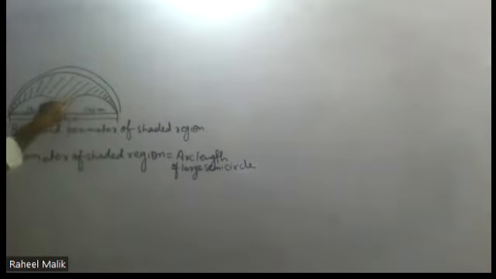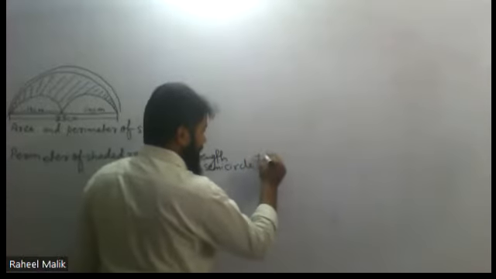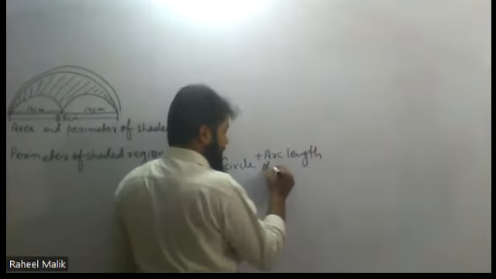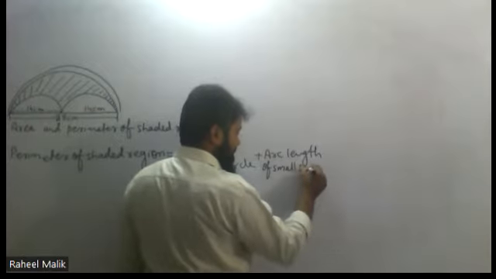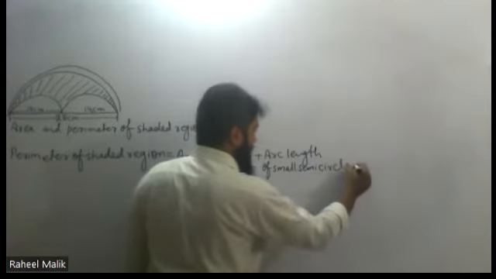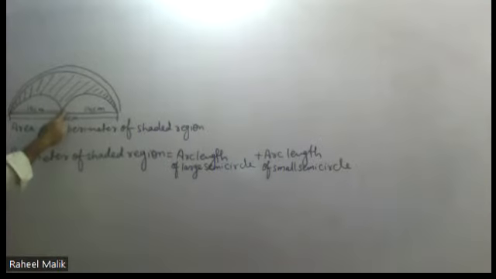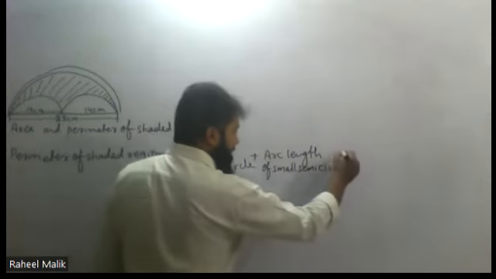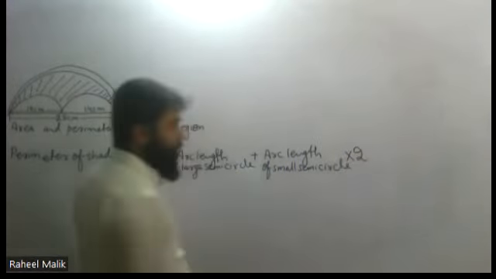Now this part, this one, that is the arc length of a small semicircle. Then this part again till this point. That is again the arc length of a small semicircle, just like this one. So what I am going to do over here, I will multiply this whole thing by 2.